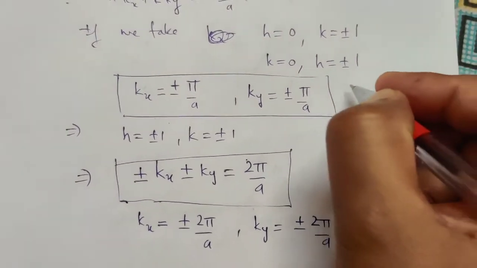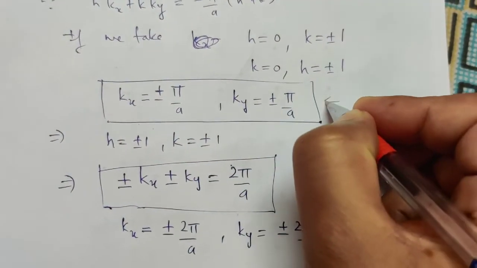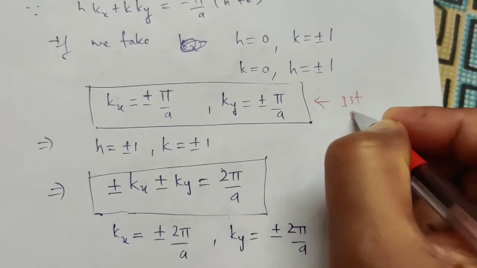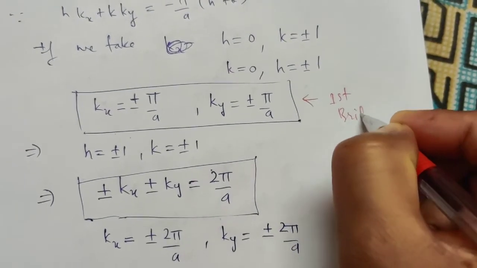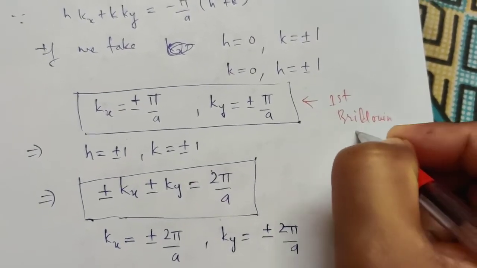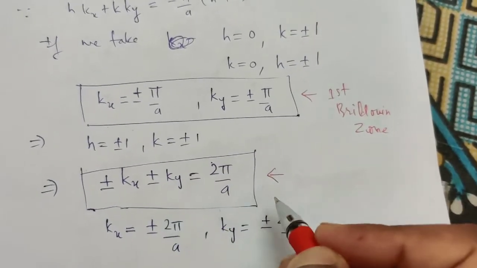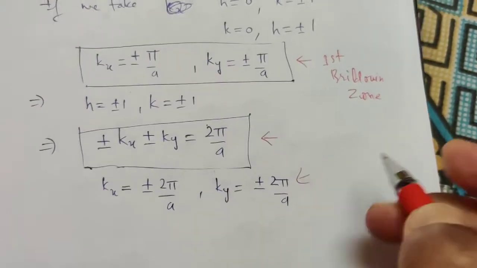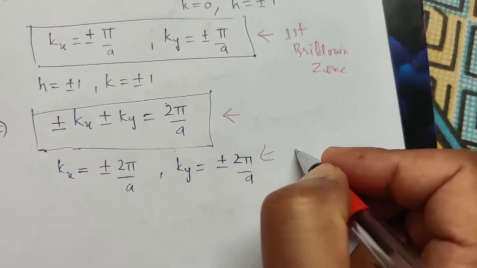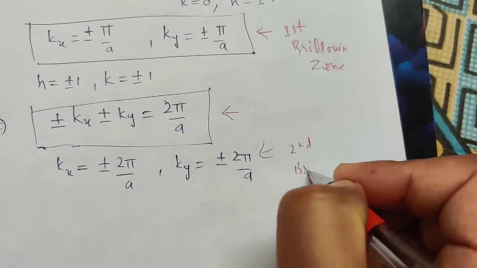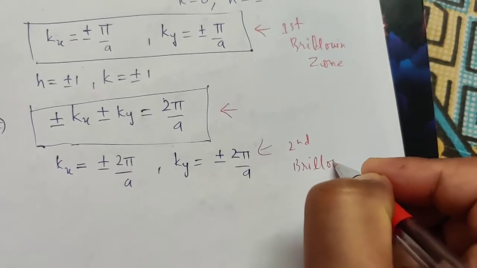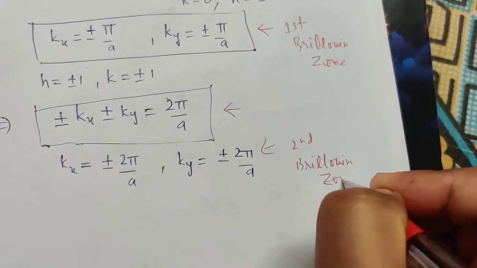So now these two conditions will represent your first Brillouin zone, and these two conditions will construct your second Brillouin zone.